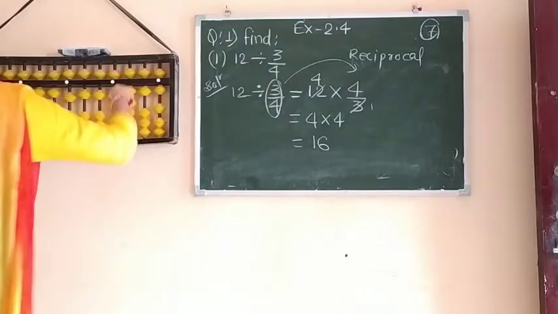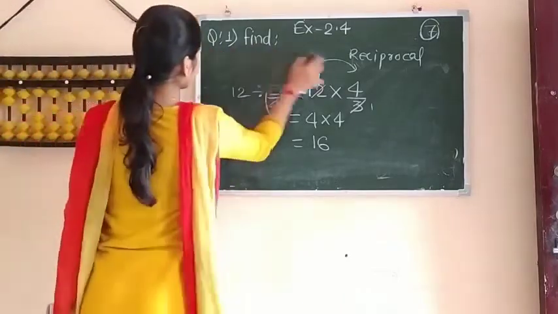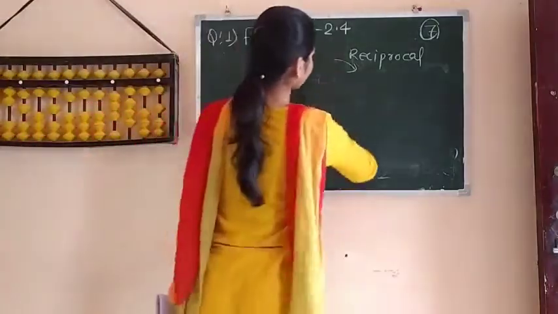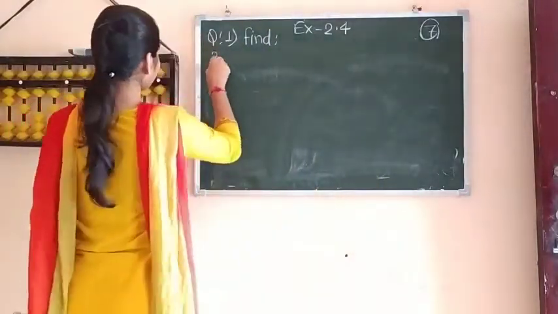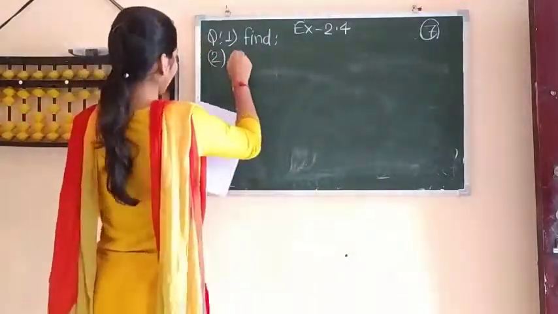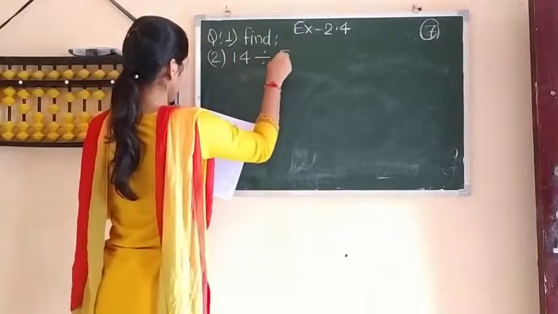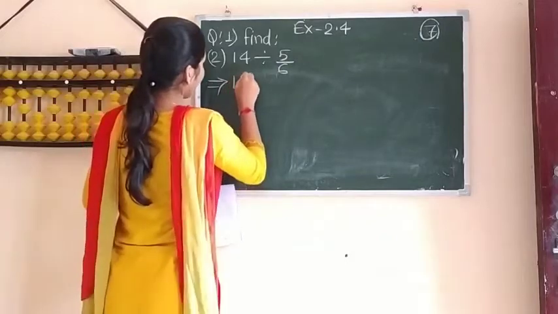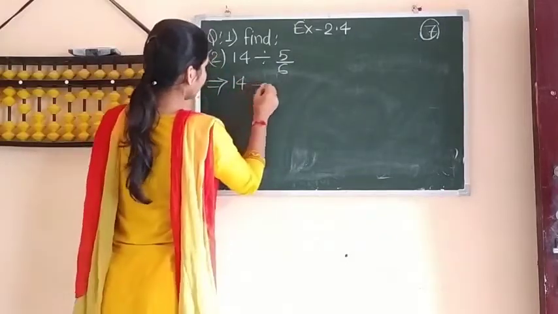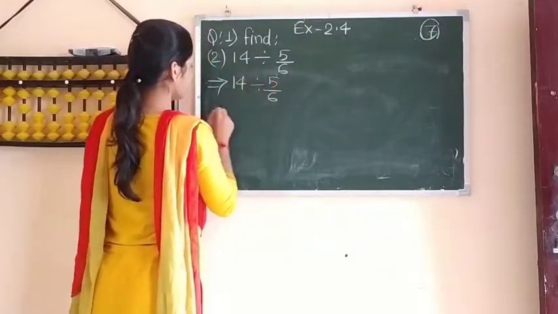Now next. 14 divided by 5 by 6. Write 14 as it is.